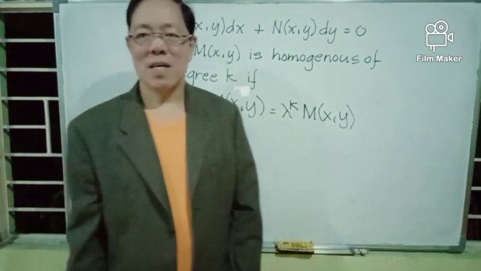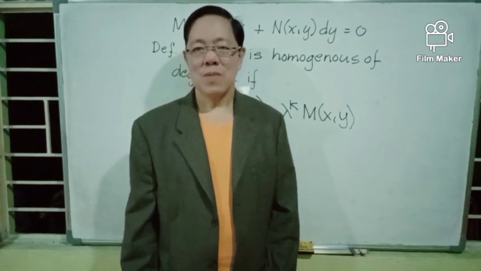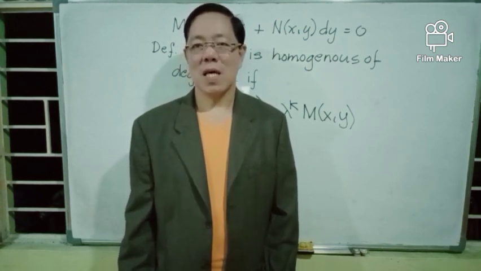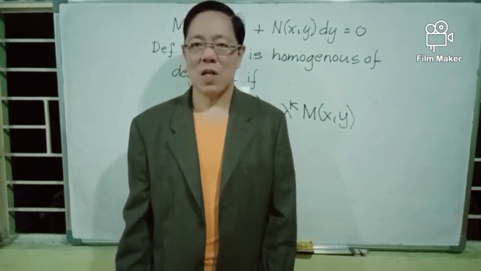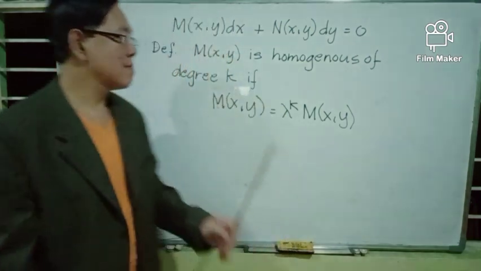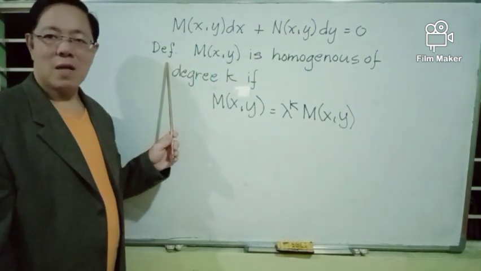Now, when do we say that a function is homogeneous? To define homogeneous function, we take the coefficient of the differential of x, or dx. We have the following definition.